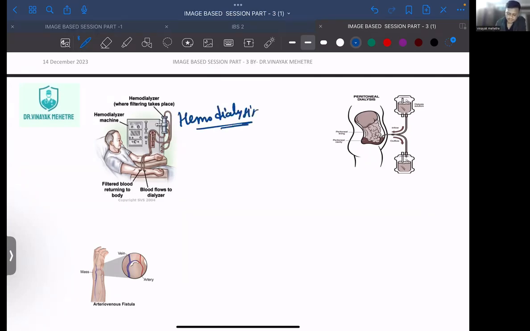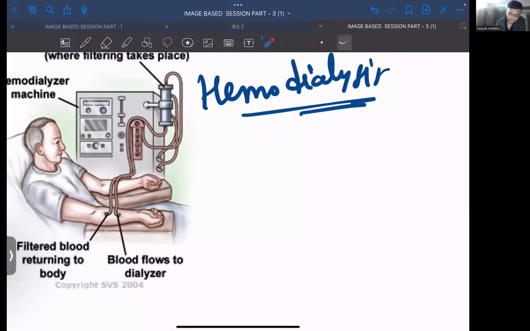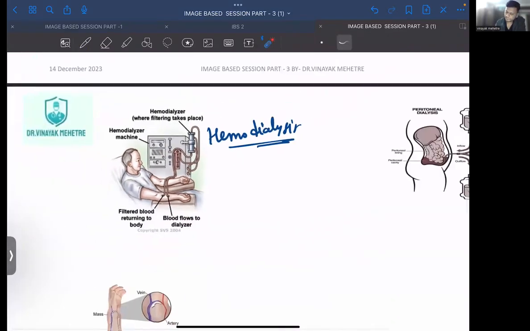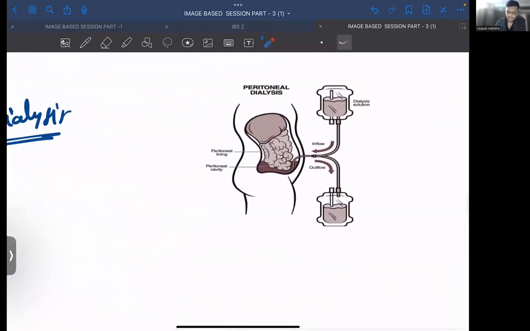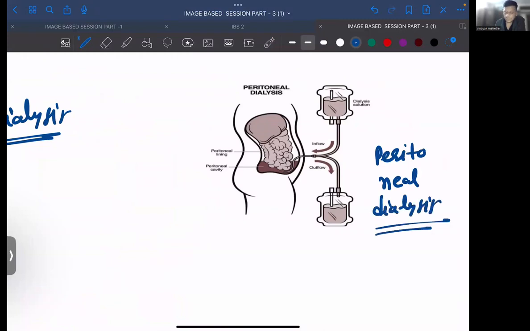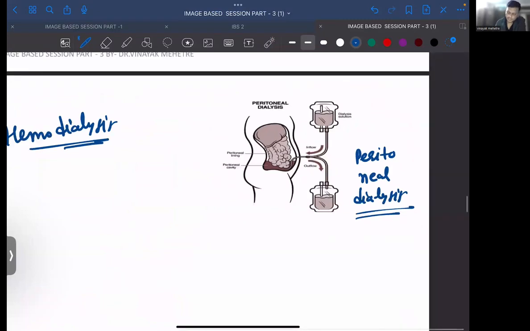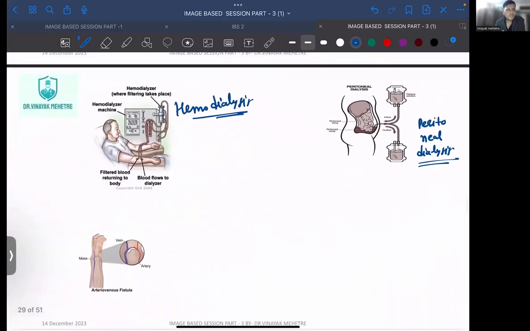You would have seen a patient attached to a machine, right? And the second one is called peritoneal dialysis. We do have a dialysis catheter, which we insert in the veins. I have shown you this image in anesthesia class.